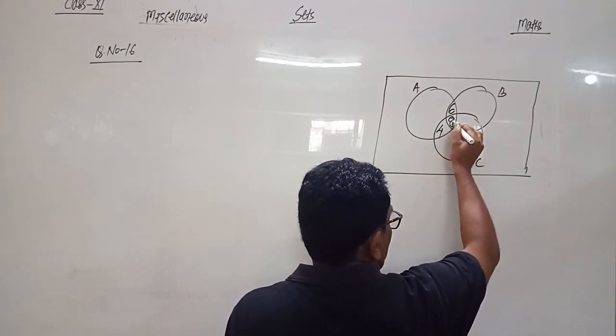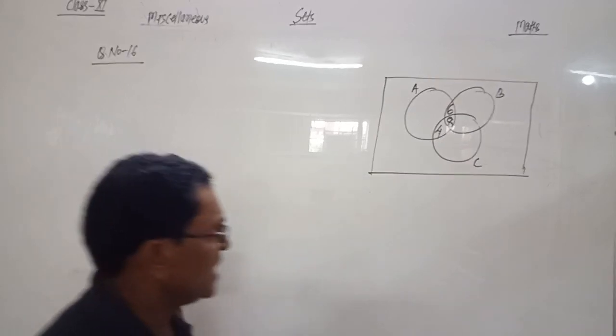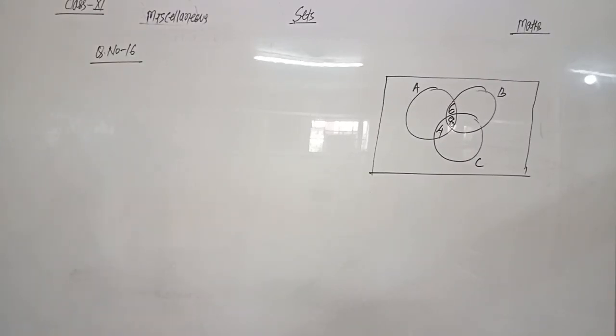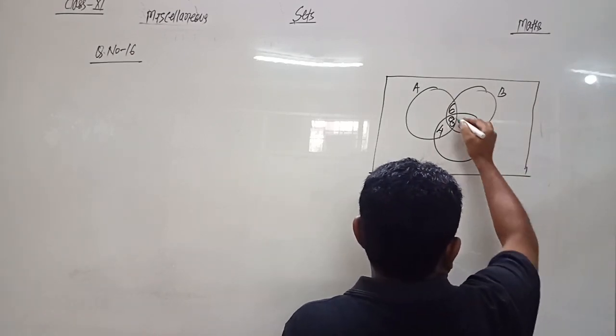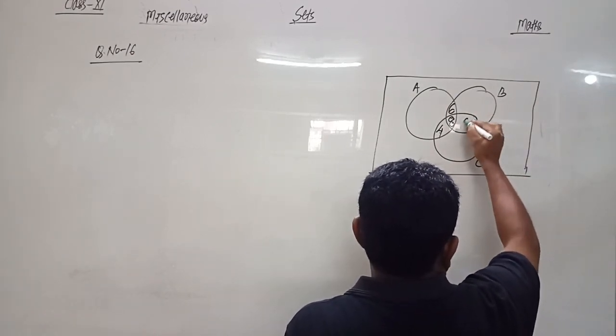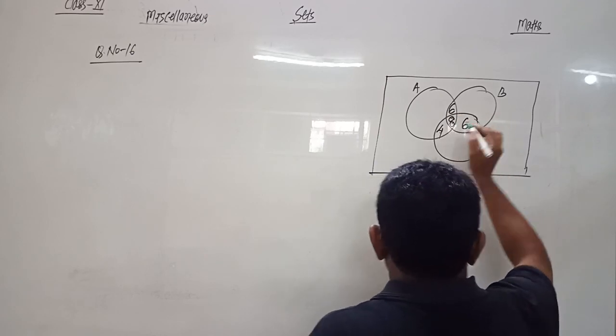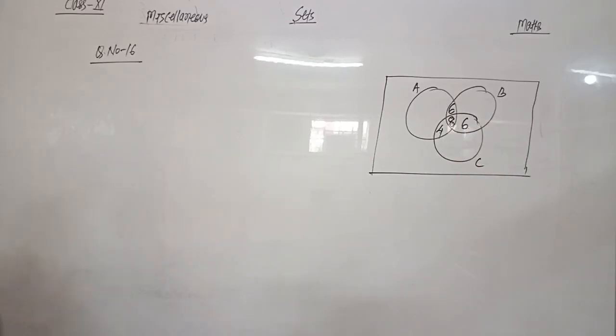So this place is filled by 8, so this will become 4. 8 plus 4, 12. And 14 people like B and C. From B and C, the common part is this. So 8 plus 6, it becomes 14.